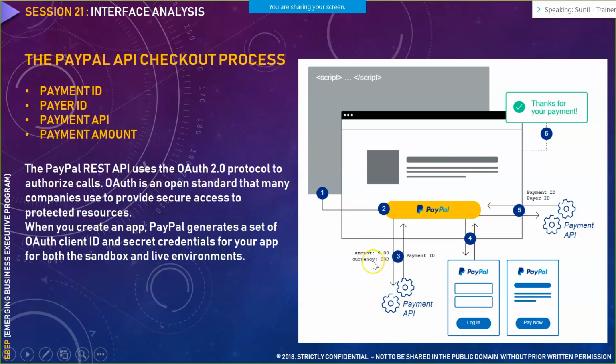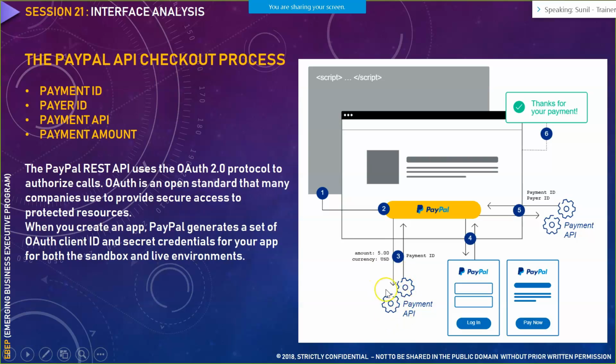It receives the amount and the format of the currency. Like if the amount you have set for that particular product is 5, the currency format is USD.